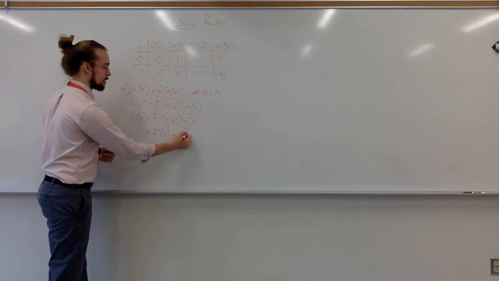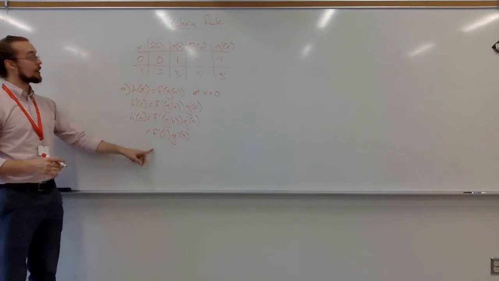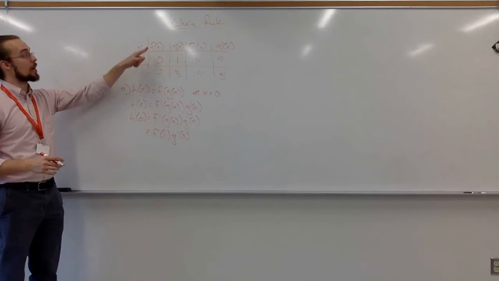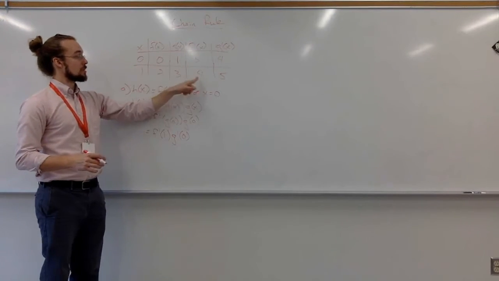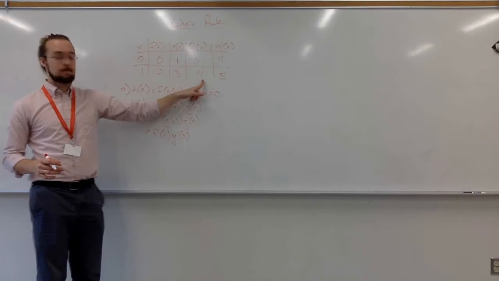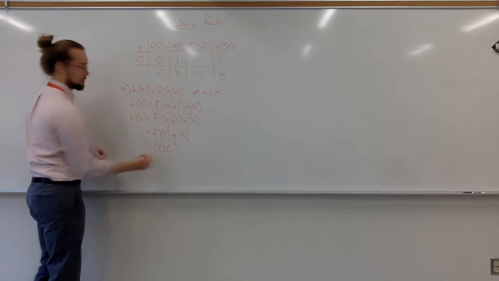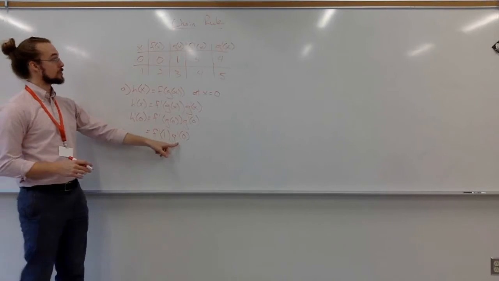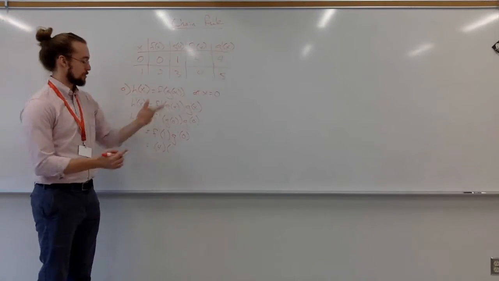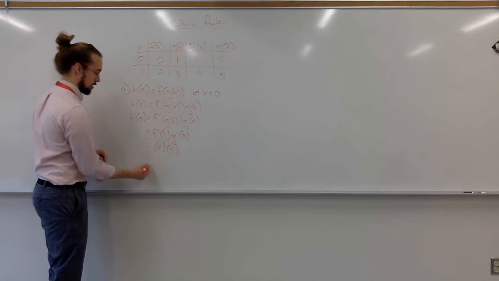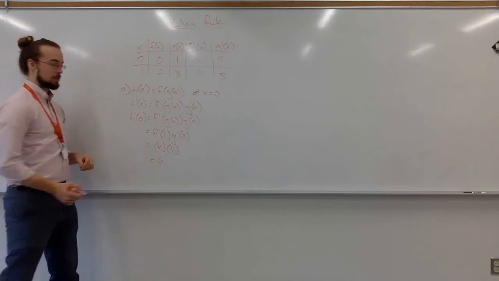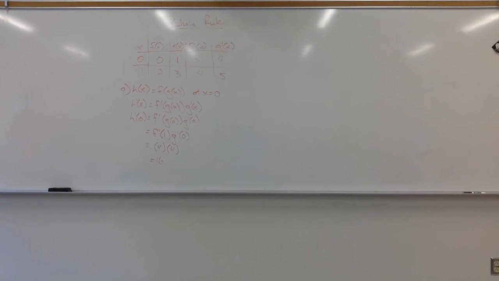So times g prime of 0. So now I can go to my table and say f prime of 1 is equal to 4. And so then g prime of 0 is also 4.